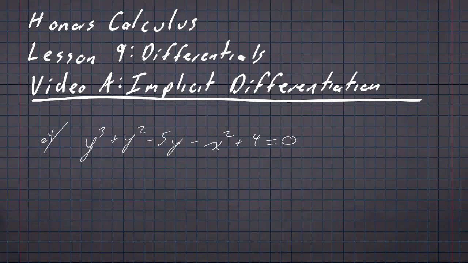Does not feel like y is a function of x. But we still might want to answer the same questions we answered for functions and graphs of functions. Namely, can we find the equation of the line tangent to this curve at a particular point?